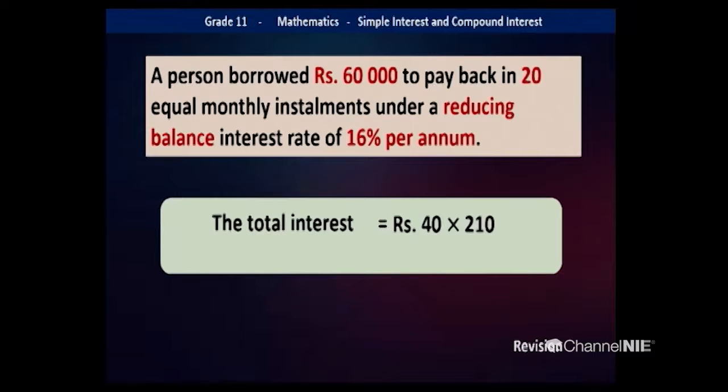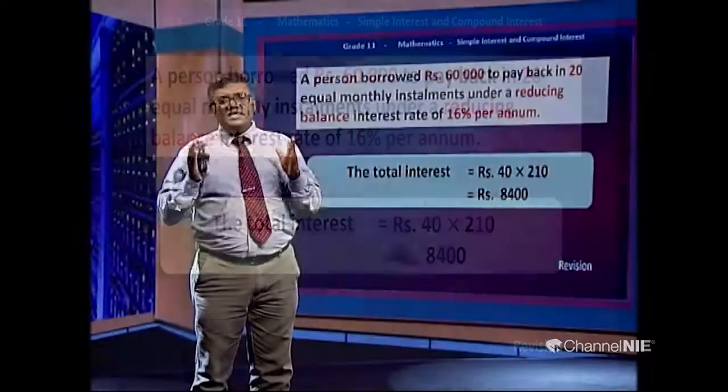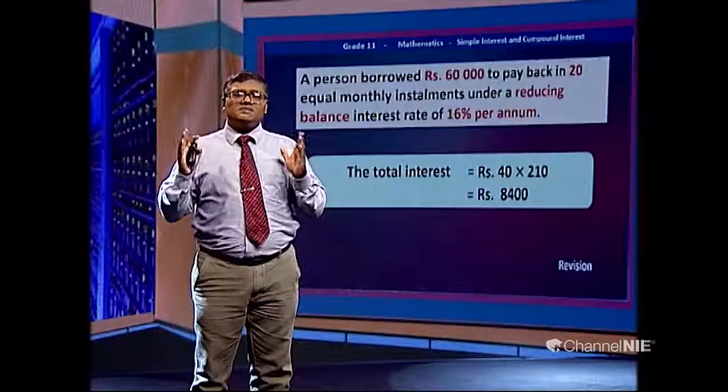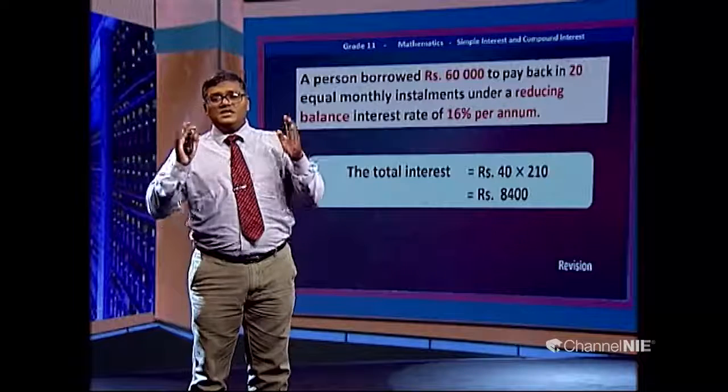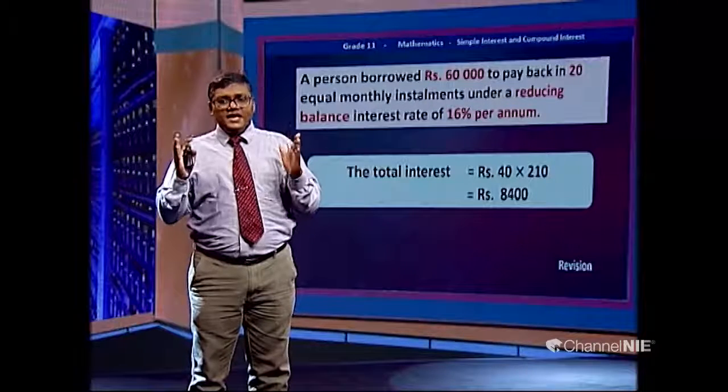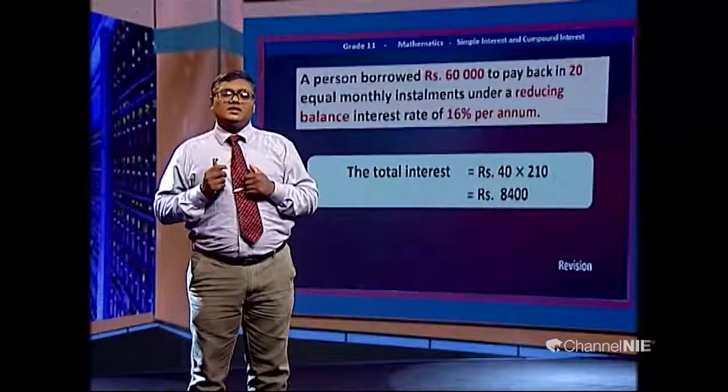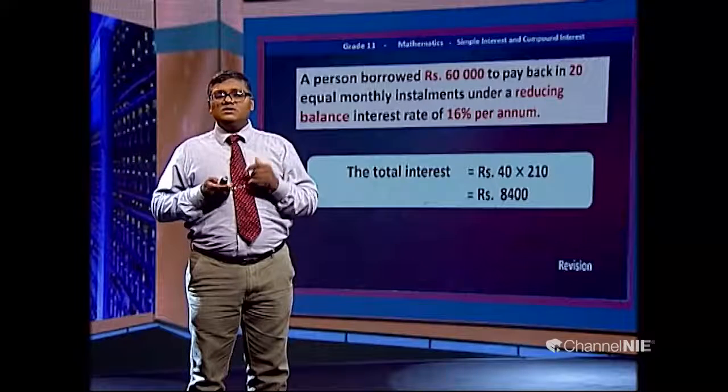What is 210? Number of month units. 40 into 210. It is 8,400. That means the total interest is 8,400. According to this reducing balance method, the total interest is 8,400. Now, let us move on to next one.